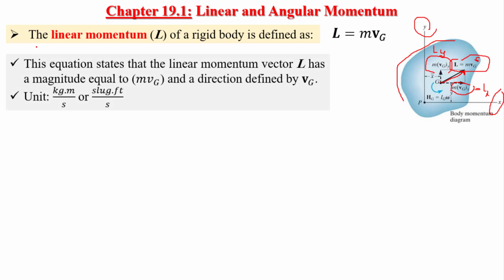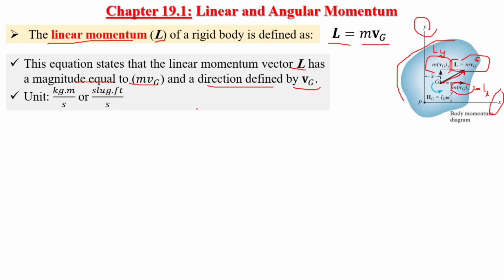Okay, so the linear momentum, again this symbol is bold, it means this is a vector, is defined as L equal to mass multiplied by the velocity vector of the centroid. So this equation says that the linear momentum vector L has a magnitude equal to mass multiplied by Vg, and the direction defined by Vg.